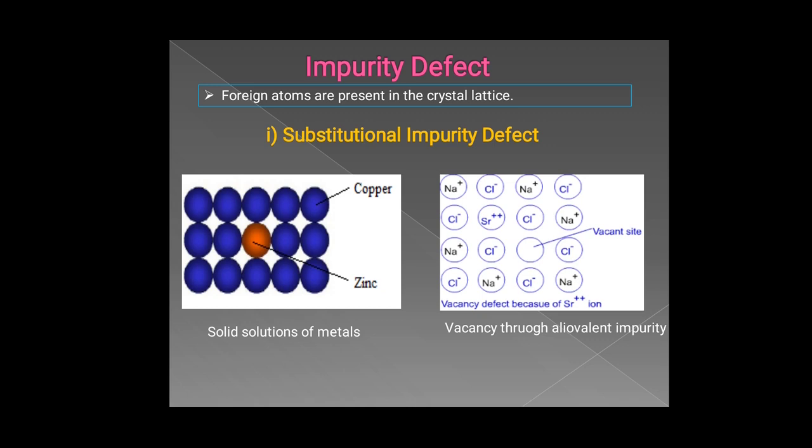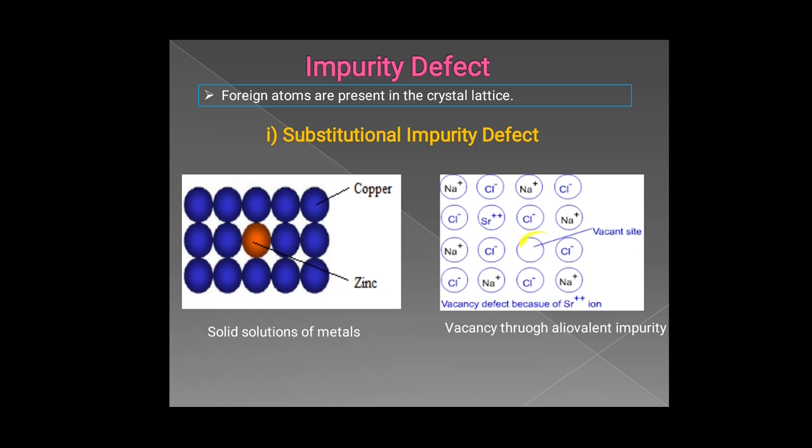And if you see over here, what is this? Yes, this is strontium, the ion of strontium with two positive charges. In a normal NaCl crystal, Na has one positive charge and each Cl has one negative charge, so that is neutralized.